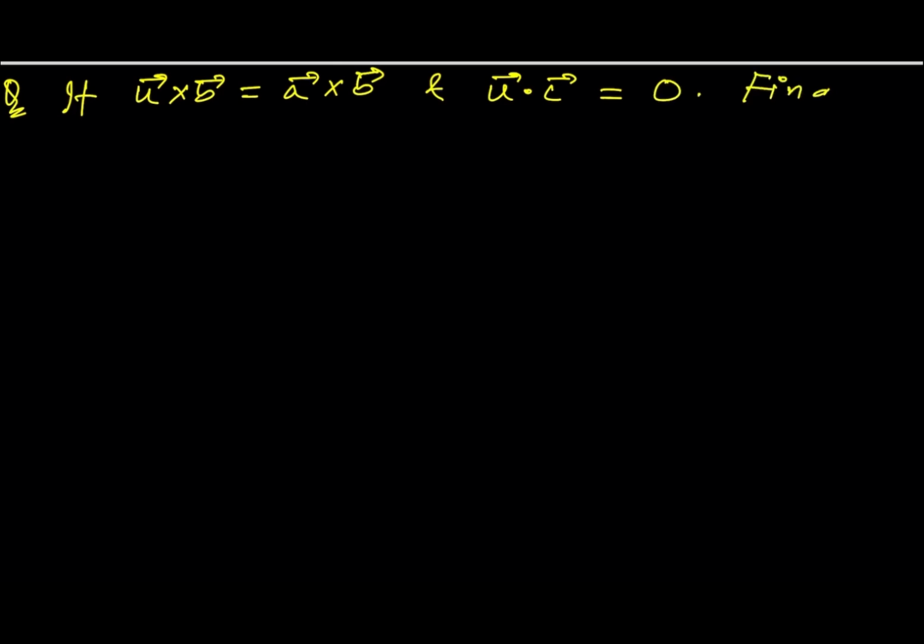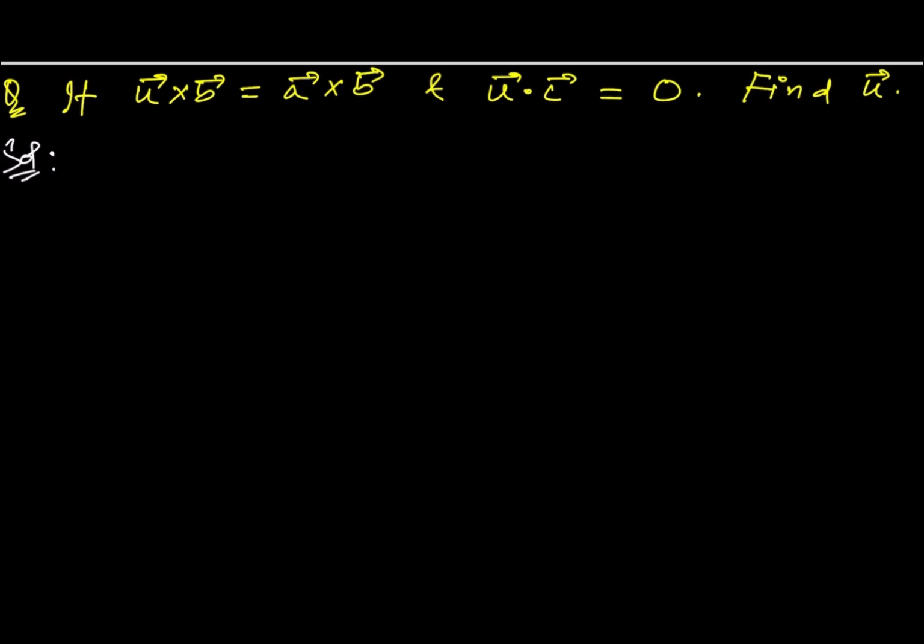Question is, if u cross b is equal to a cross b and u dot c is equal to 0, find u vector.